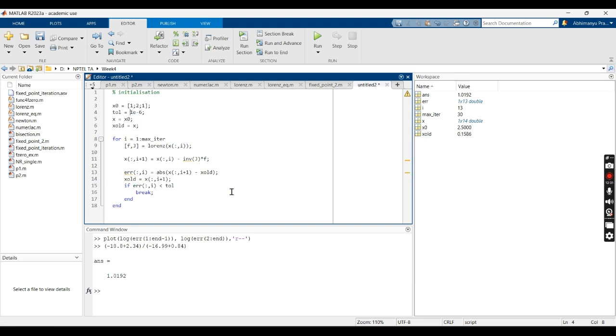So I'll just make this also a 3 cross 1 vector, because we have a 3 cross 1 vector, right?